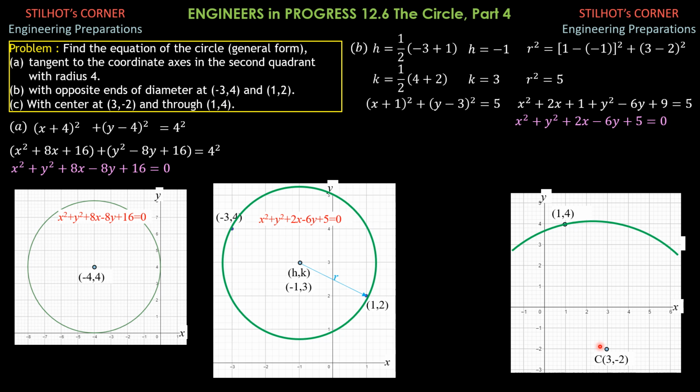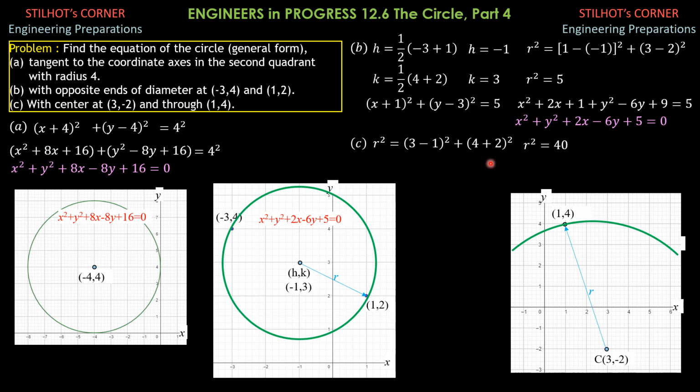So substitute into the standard form. By the way, r square is 3 minus 1 quantity square, then plus 4 minus negative 2 quantity square. So that's r square. So 3 minus 1 quantity square plus quantity 4 minus negative 2, so 4 plus 2 quantity square. This is 4 and this is 36, so 40.